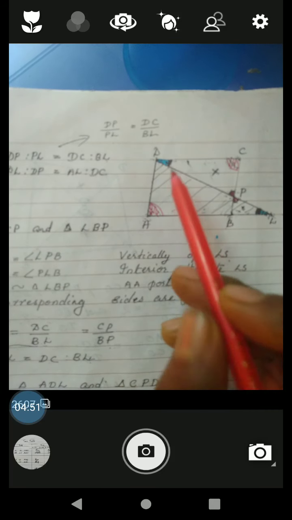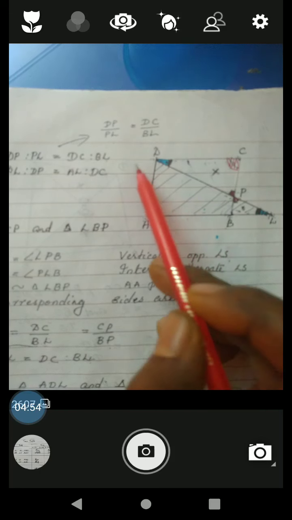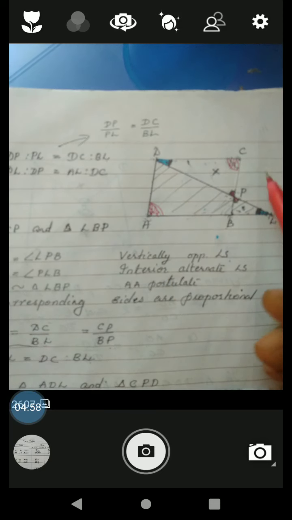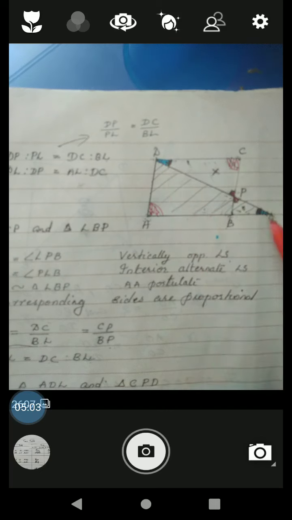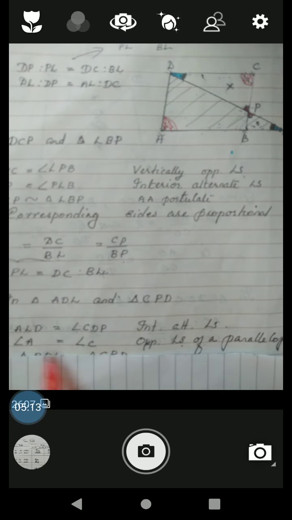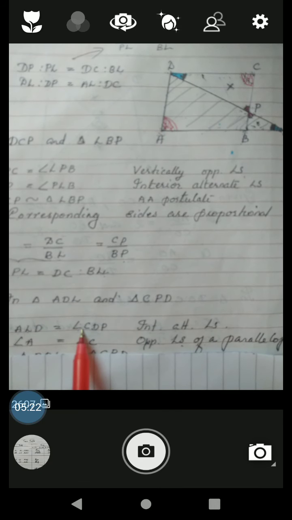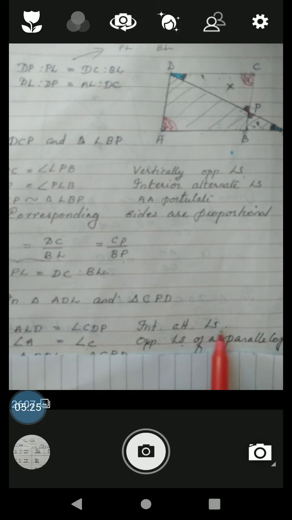And again we can use the property of parallelism. Parallel lines and a transversal. Which transversal can we choose? Yes, the same. We have already written there. First we can write angle A is equal to angle C, opposite angles of a parallelogram. Angle ALD is equal to angle CDP, interior alternate angles.